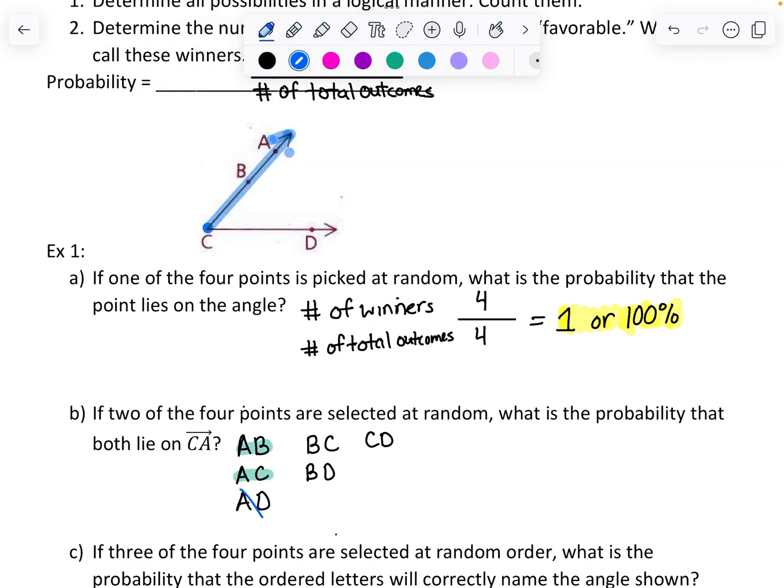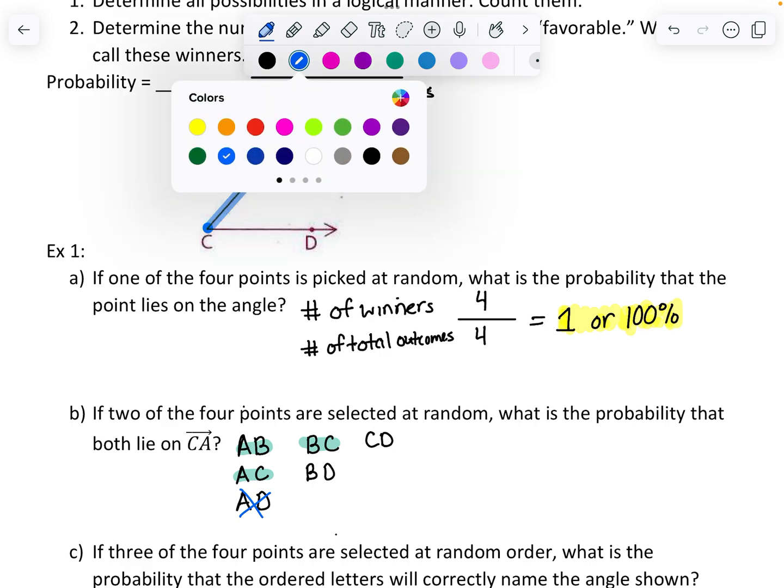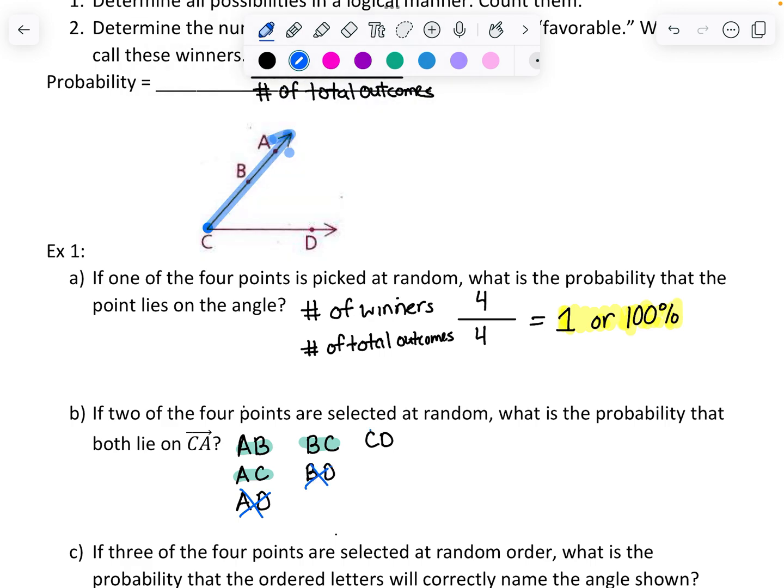However, A and D do not. A does, but D does not. I could have BC, but not BD because D is not on the ray CA. And then same thing with CD. So basically any of the ones with D are not possible.